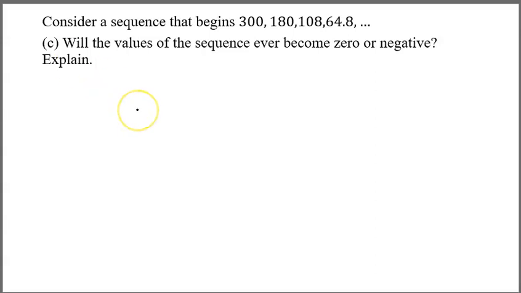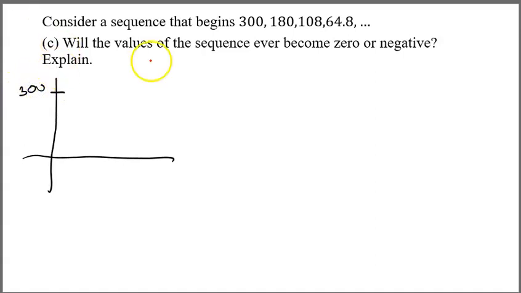Okay, last problem. Will the values of the sequence ever become 0 or negative? Well, this is what we know. Let's look at our knowledge of exponential functions. Because geometric sequences look exponential, the graph, as you saw, starts at 300 and is going to be coming down, down, down, down, down.